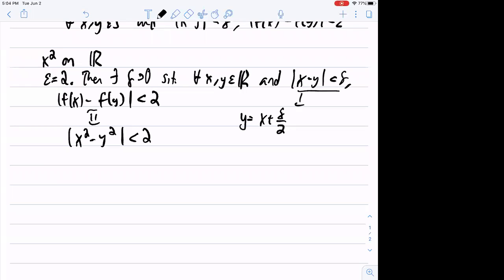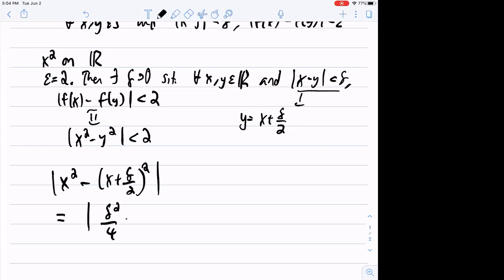So if you look at this, x plus delta over 2 squared minus x squared, the x squared cancels, and you get delta squared over 4 plus x delta, I believe. And this has to be less than 2, right? But this can't happen, because delta's fixed. There exists delta, but it has to hold for all x in R.